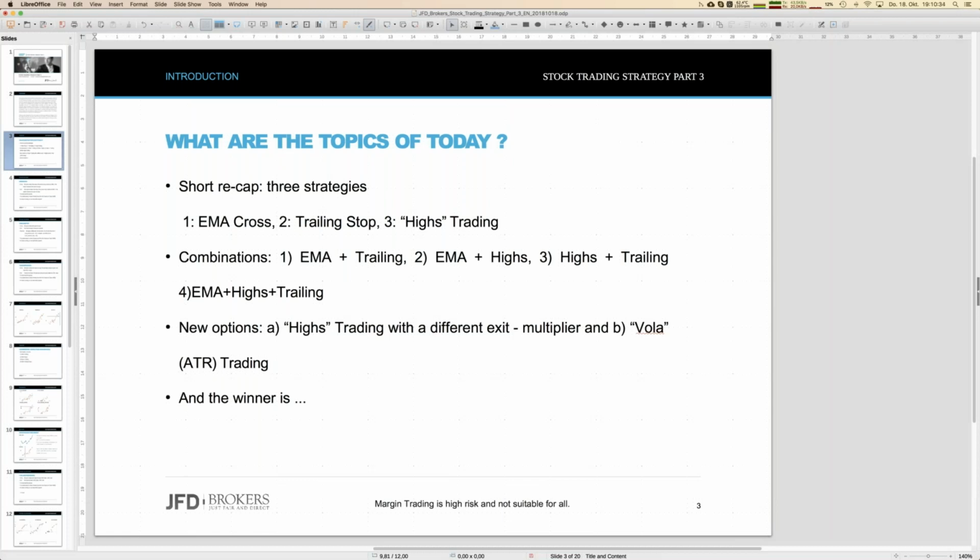So volatility might be an indicator for those phases, and later we will use simply the ATR, the average true range, as a measure for volatility. At least that's one possibility. And finally, we go for the winner. So the final strategy, which will be indeed extremely simple.